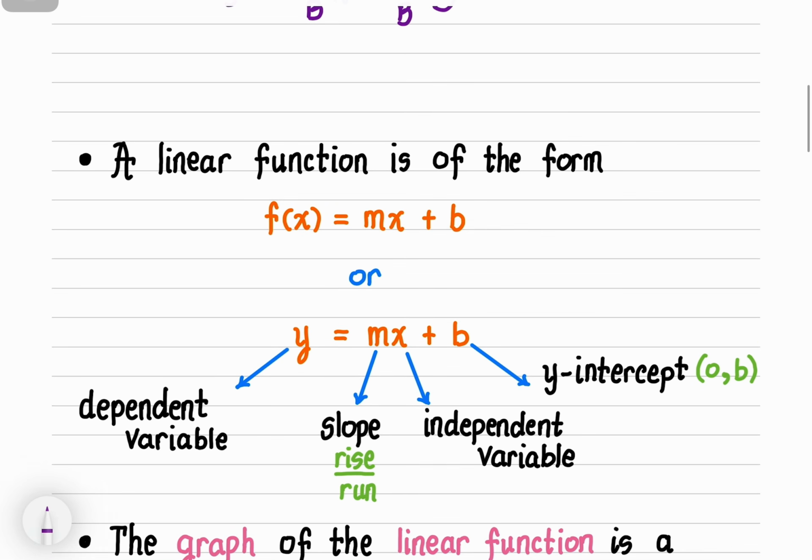So, yung f of x natin or yung y na tinatawag is what we call the dependent variable. And then yung m dito, guys, that is what we call the slope, which is gagamitin natin ng rise over run later kapag nag-graph na tayo. And we have the x, which is the independent variable.